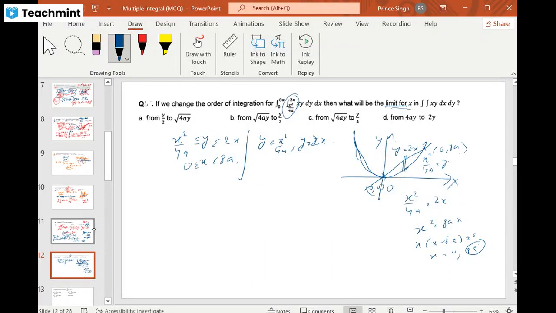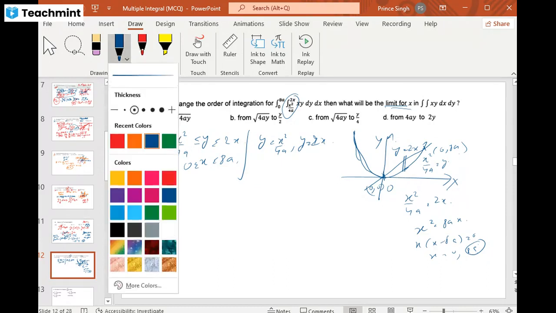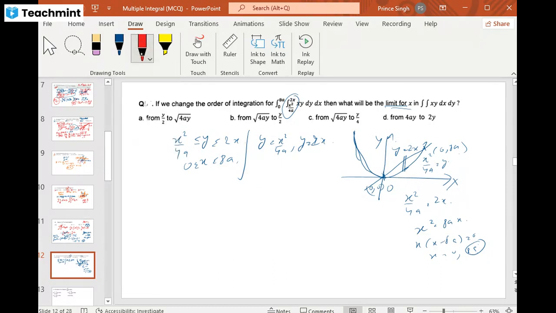Okay. But now I want to change the order of integration. Change of order of integration means instead of horizontal, now we move vertically first. The limit of x starts from the line y equal to 2x, which means x equal to y by 2. And the limit of x ends at the parabola. So the value of x is equal to 2 times square root of ay, because in the first quadrant they are positive.